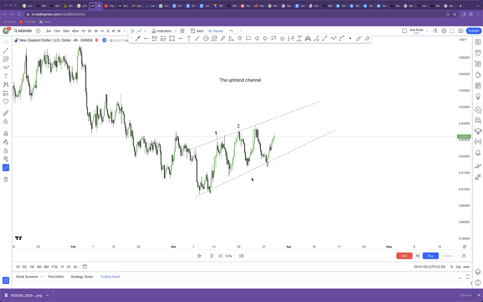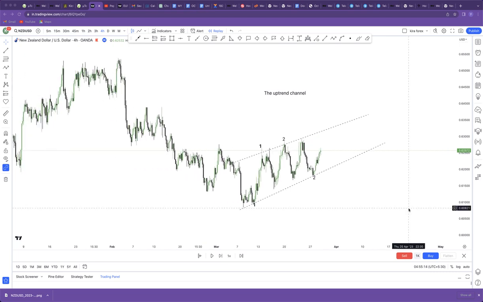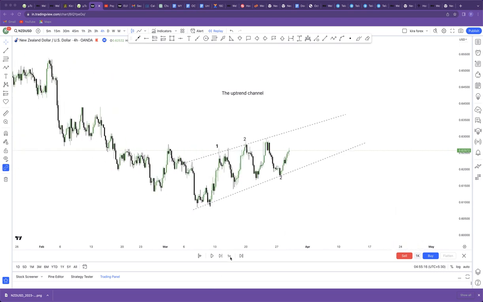So this is an example of an uptrend channel, and as you can see, we have our point 1 here on the support level, then our point 2 here, and we also have our point 1 and point 2 on the resistance level. Now let's look at the reaction of price in the channel.